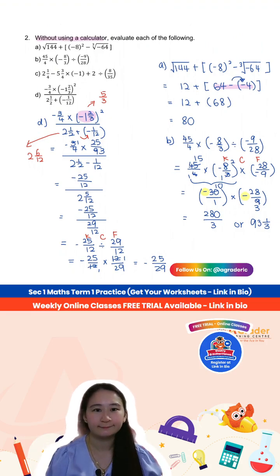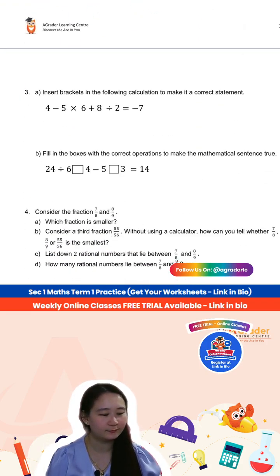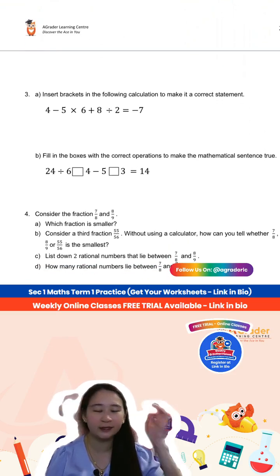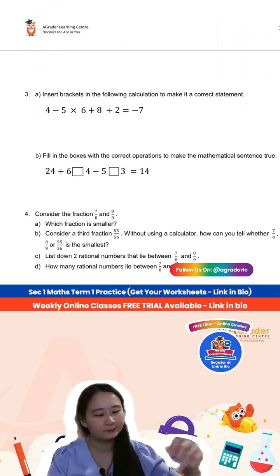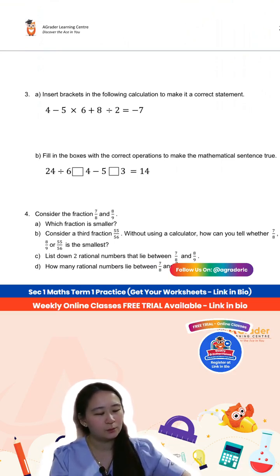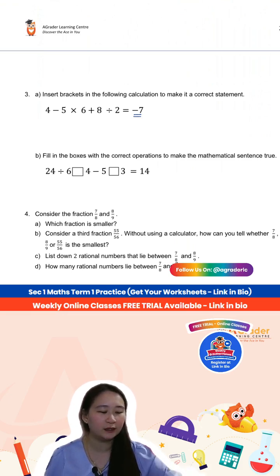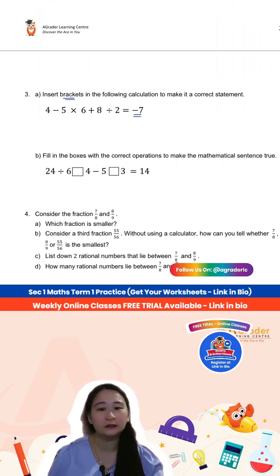Okay, you're welcome. So 3a, where should the brackets be inserted at? We want to have negative 7 here. So they actually give you quite a big hint already. They just want you to insert brackets.